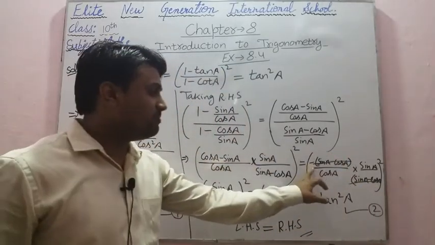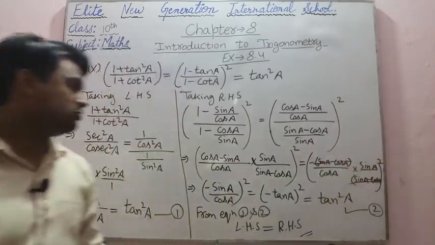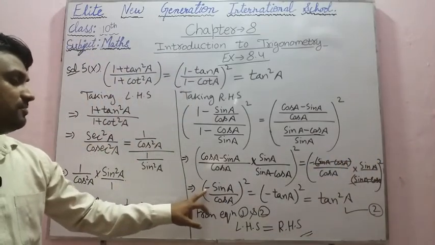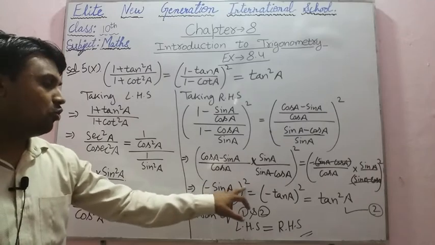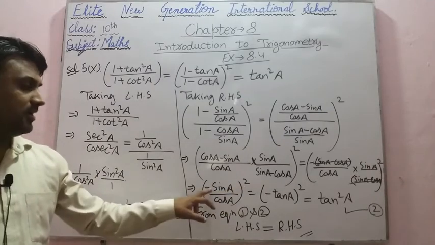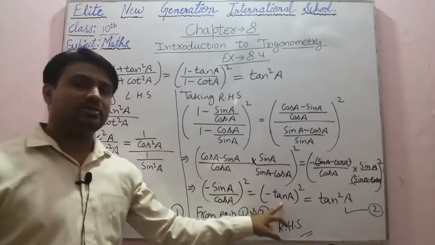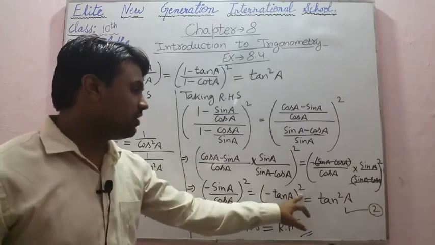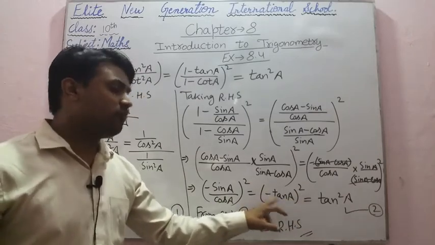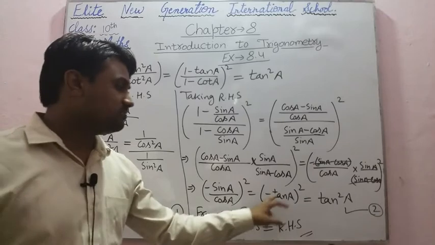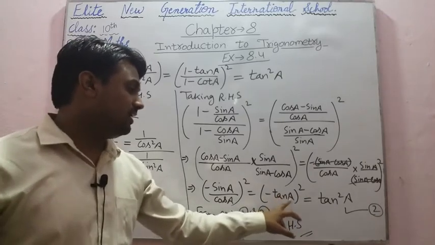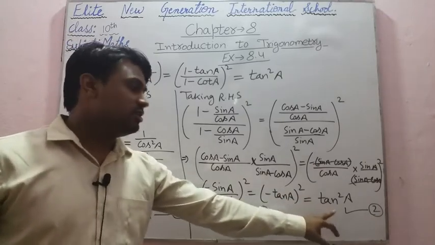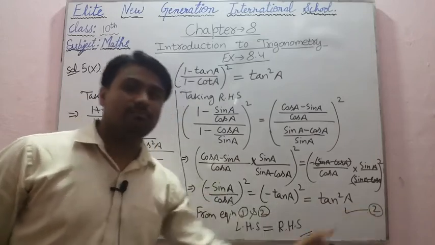So here it will be minus sin a upon cos a whole square. So what will be left? Minus sin a upon cos a whole square will be left. Minus sin a upon cos a will be minus tan a, so minus tan a whole square. When we square minus tan a, minus minus becomes plus, and tan a whole square becomes tan square a. So from this we can put equation number 2.